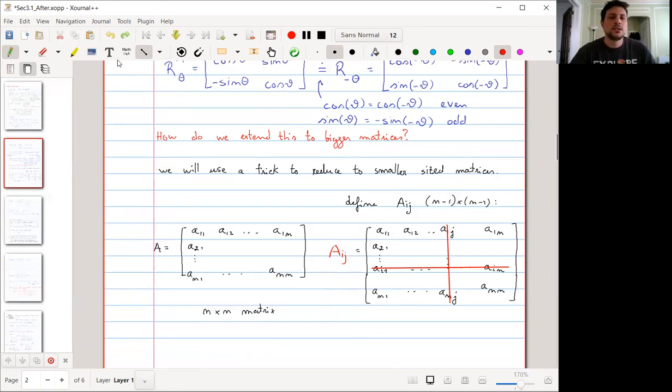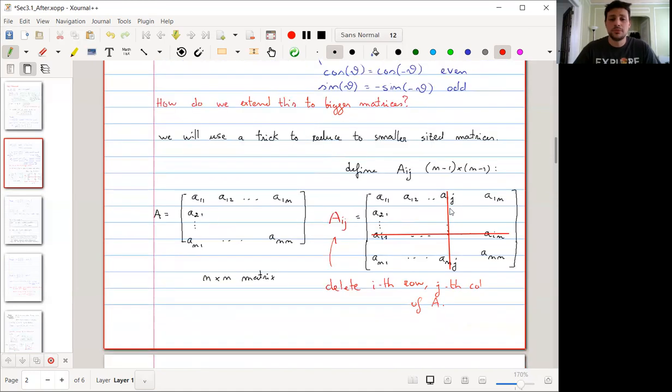So the way we obtain Aij is by deleting the ith row and the jth column of A. This will be an n minus 1 by n minus 1 matrix. It will have one fewer row and one fewer column.